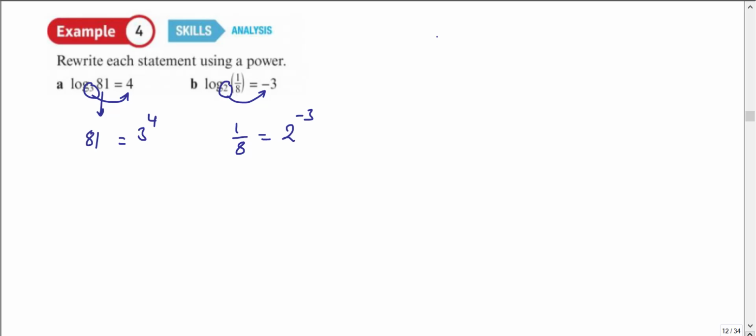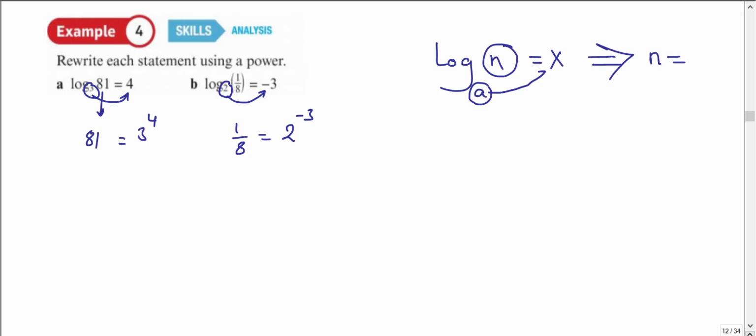Now the opposite. What if you have log, and you want to change it to index form? This is even easier. Take the base and raise it to the power of this.